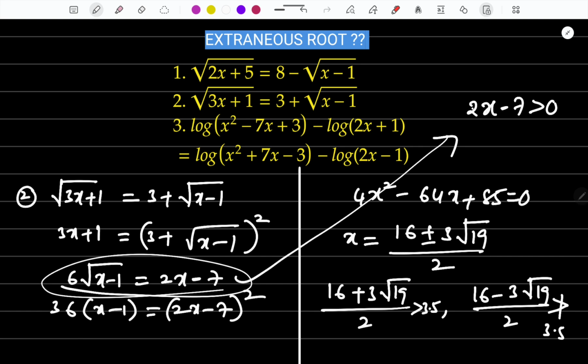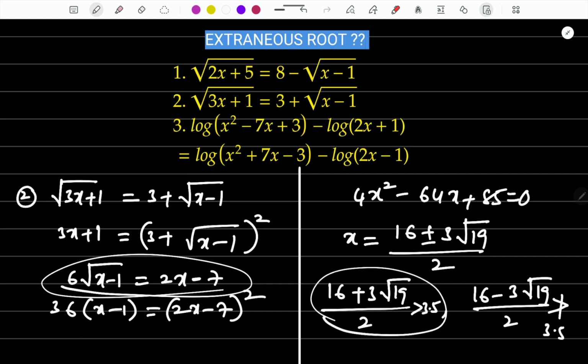You can take greater than or equal to 0, but let us take greater than 0. So x is greater than 7 by 2, that is 3.5. Therefore the value of x must be greater than 3.5. Only this value is greater than 3.5, this is not, therefore that is an extraneous root.